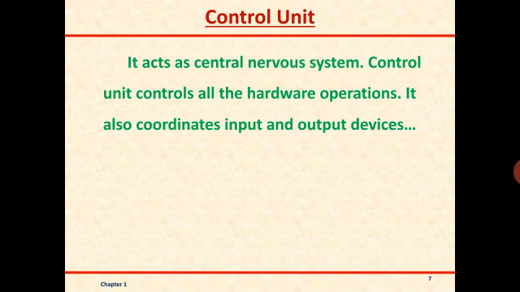All these actions have to be controlled and monitored by one unit, and that is the responsibility of the control unit. Okay. This control unit generally controls the operations of the input unit, output unit, memory unit, as well as the processor. Okay.